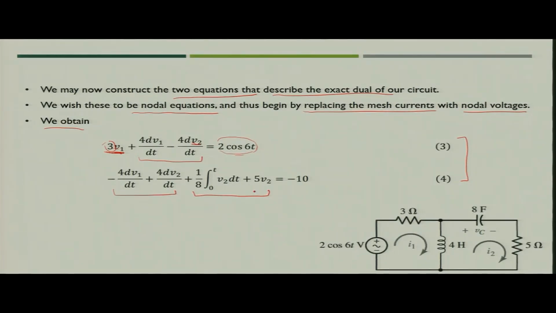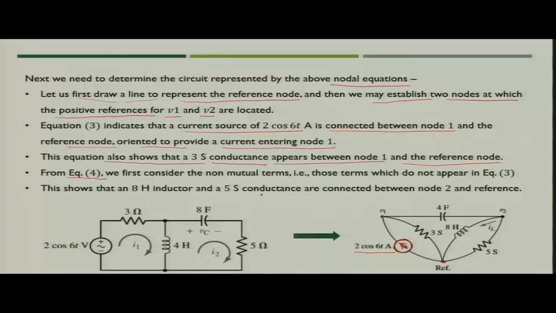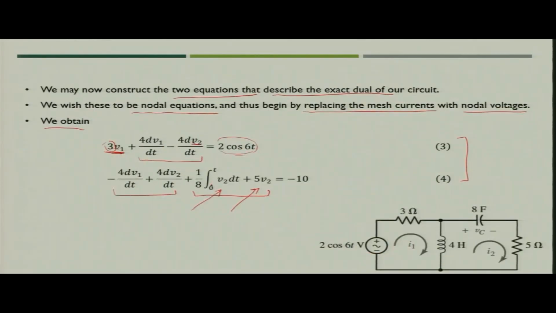These two are nothing but values of currents, and these are nothing but an 8 Henry inductor and a 5 Siemens conductance, which are connected to only node 2. Why is it an inductor?